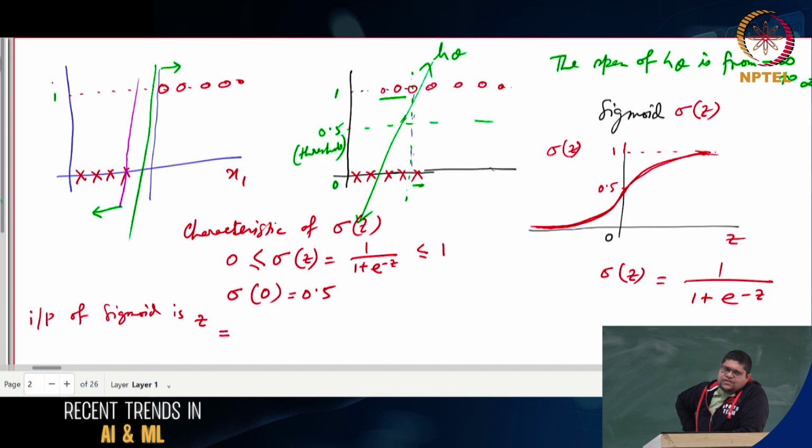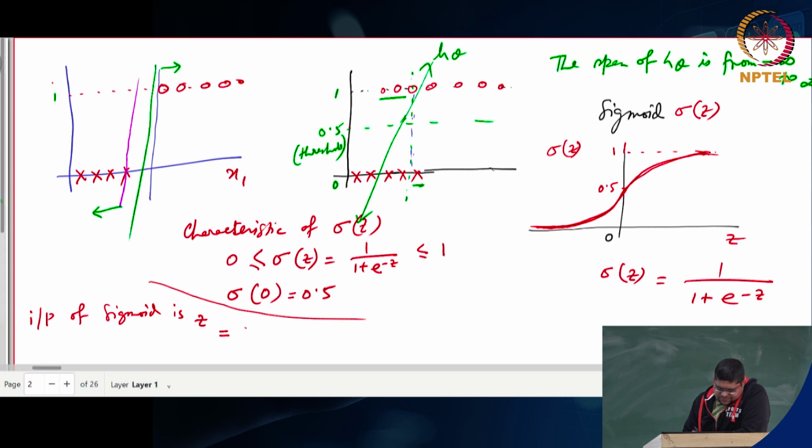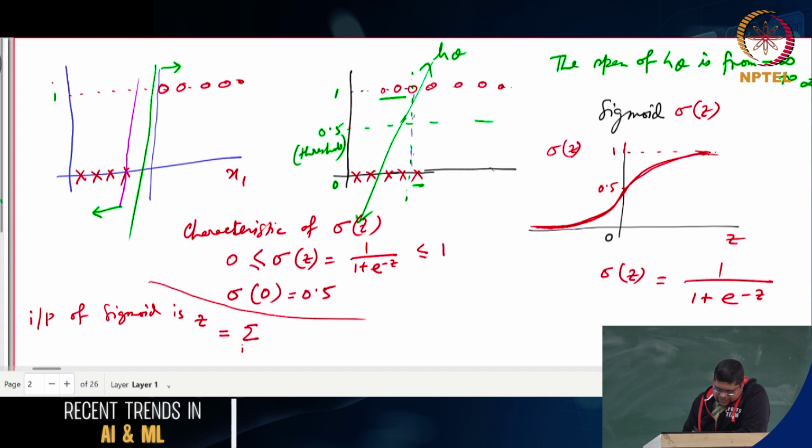The objective of telling logistic regression is to mention the cost function, how we deal with it. So this Z equals the sum over i of theta i xi.